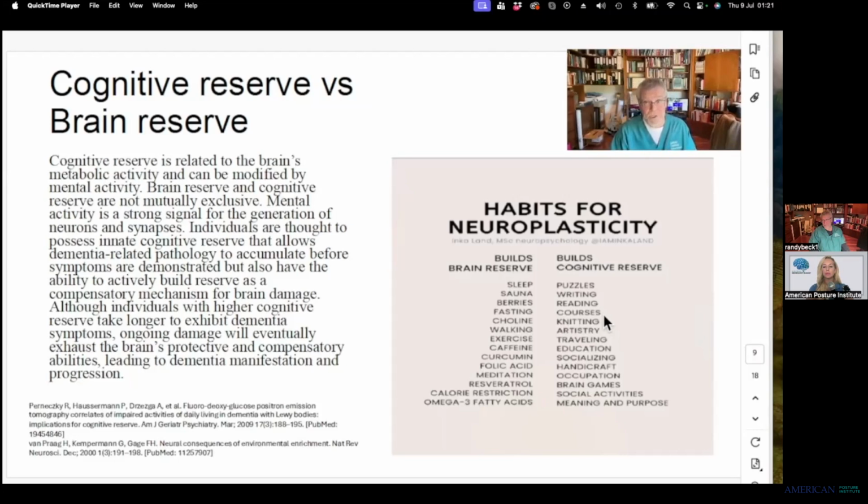What occupation you have sometimes will relate to cognitive reserve capacity. Playing brain games, different social activities, meaningful and purposeful living will also contribute to building the cognitive reserve in your brain.